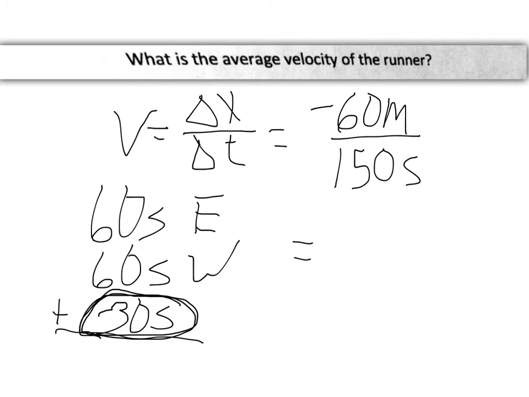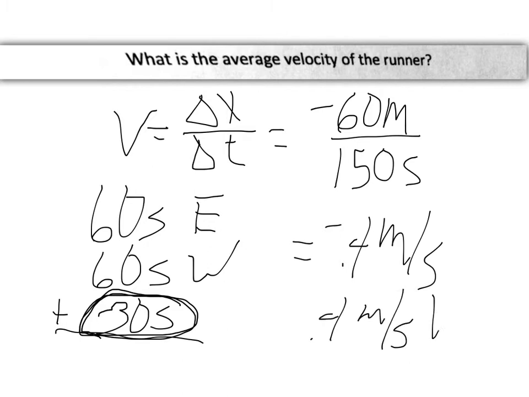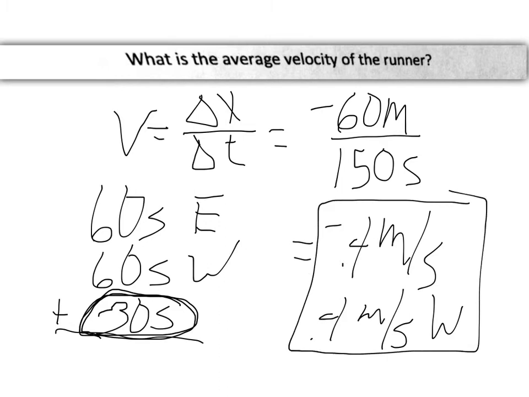And when we divide 60 by 150, we get 0.4. Of course, it's a negative 0.4 meters per second. Or you could have written 0.4 meters per second west. Either one of those is acceptable. But remember, total time has to be included. So the 30 seconds has to be included in there when we're talking about total displacement.